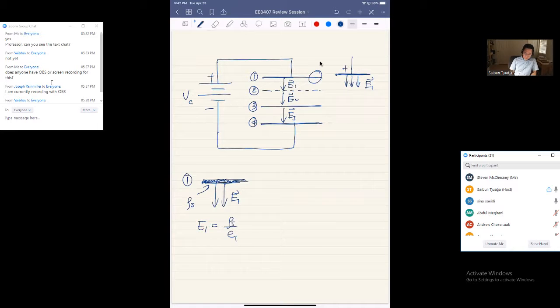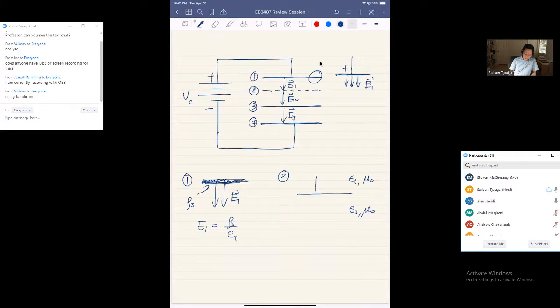What happened at the second boundary? Here we have epsilon 1, mu 0, and epsilon 2, mu 0, right? On top, we have the normal components. This is my E1, and at the bottom I have my E2.